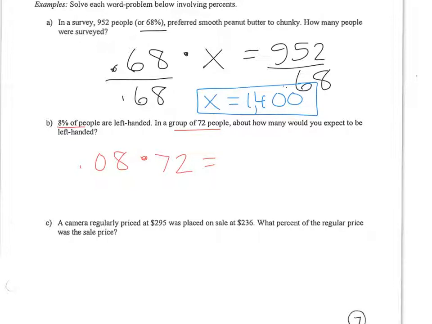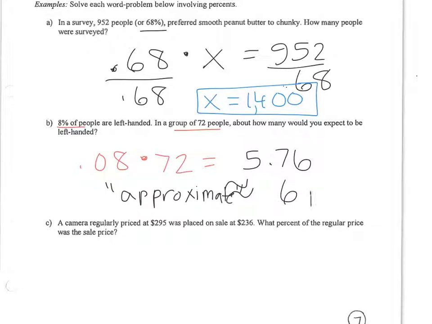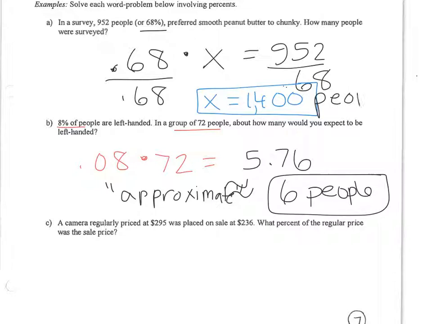So 0.08 times 72 is 5.76. But I don't want to answer it as 5.76 people. I'm going to answer approximately. Remember, this means approximately. We rounded. Six people. And up here I should have put units to people.